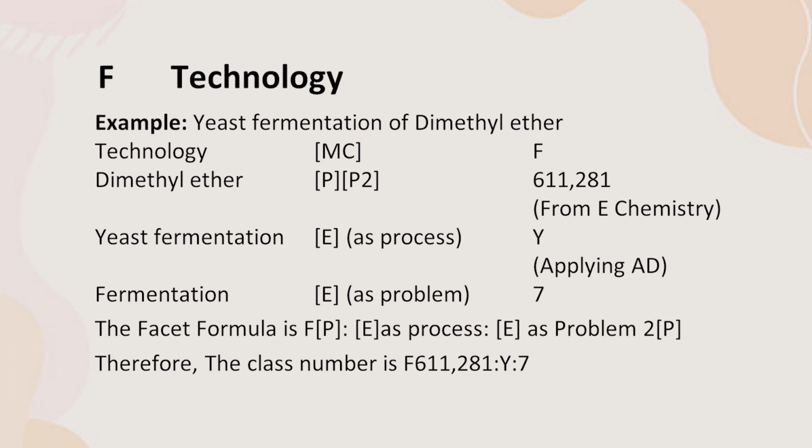And finally the number from CC 6th edition for the title yeast fermentation of dimethyl ether will be F611281, then colon Y colon 7. Here Y and 7 are both considered as the isolates from the energy facet, yeast is the process facet, and fermentation is the problem facet.